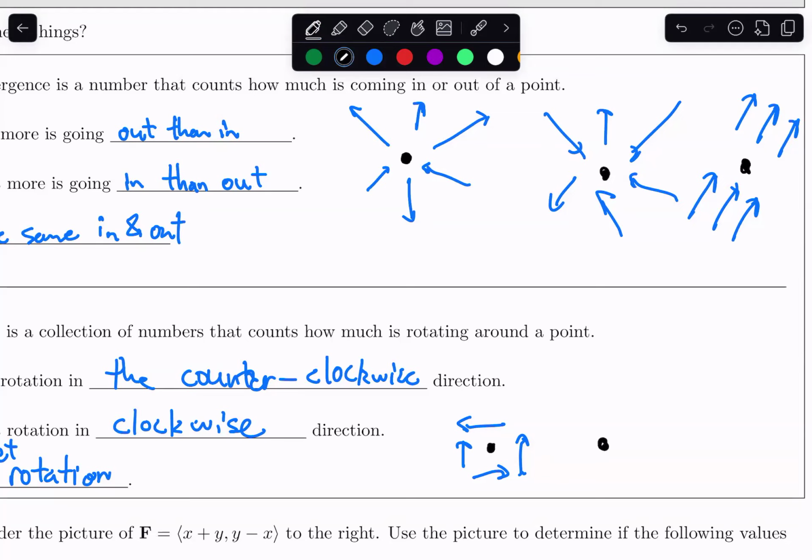Next up, the majority are going to be going in the clockwise direction now. Maybe just one going against it in the counterclockwise direction. And then there's plenty of ways to draw no rotation, but I'll maybe just draw the same one as last time.